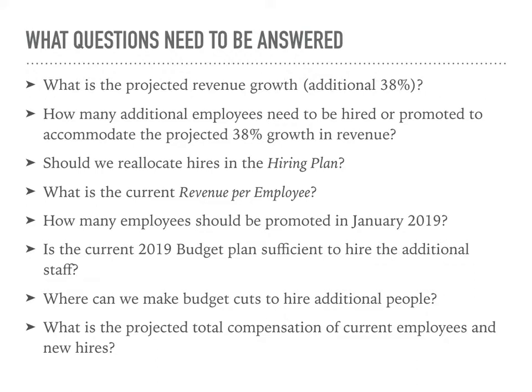So when you're thinking about how many people we really need to hire for this anticipated growth, think about, in addition to new hires, how many folks we want to promote, or how many we can promote. And is the current 2019 budget plan sufficient to hire the additional staff? Do you need to add more people to the hiring plan? If so, is your current projected budget enough?